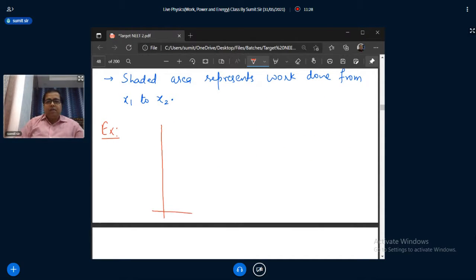Suppose we have a graph plotted between x and F. The x-axis is in meters and the force is in Newtons.